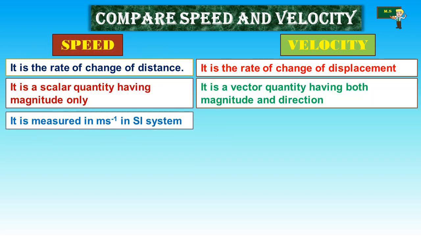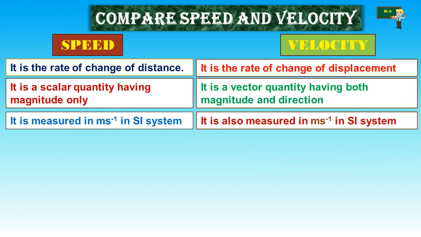Speed is a scalar quantity having magnitude only, but velocity is a vector having both magnitude and direction. The speed is measured in m/s in the SI system, and the velocity is also measured in m/s in the SI system.